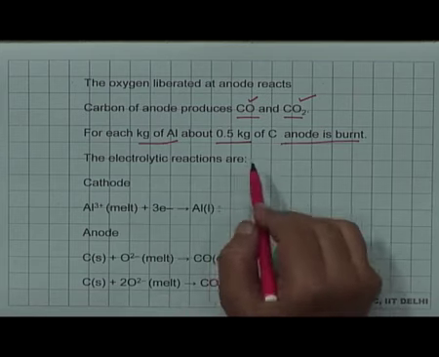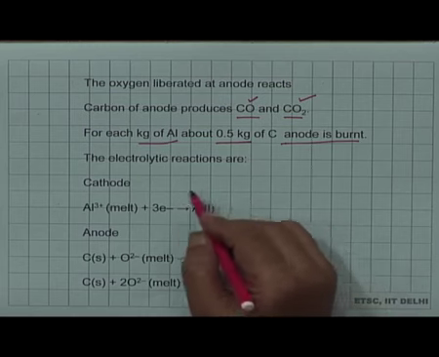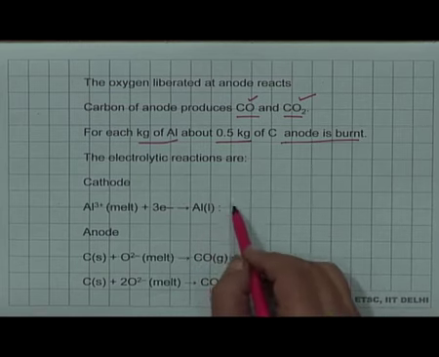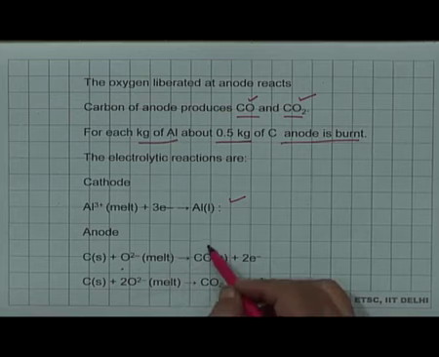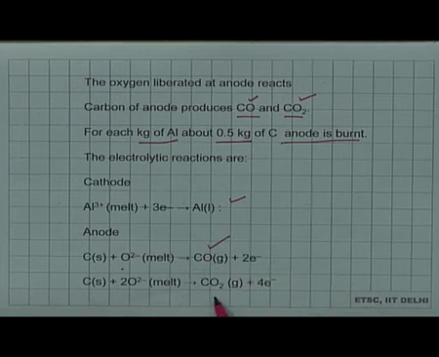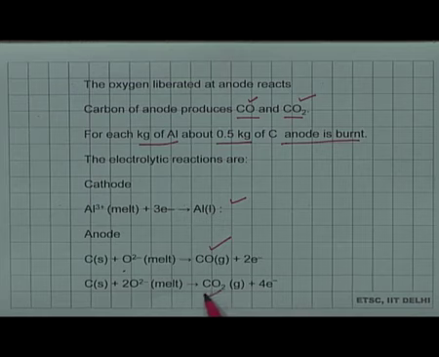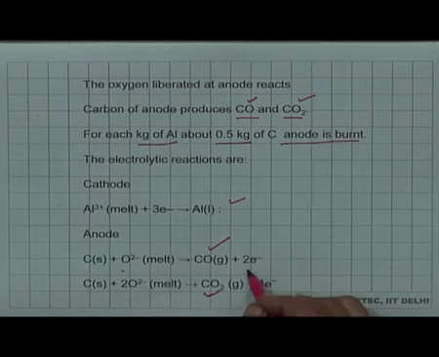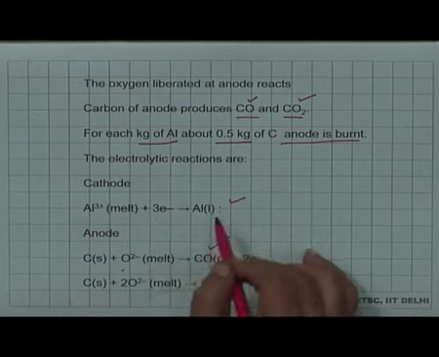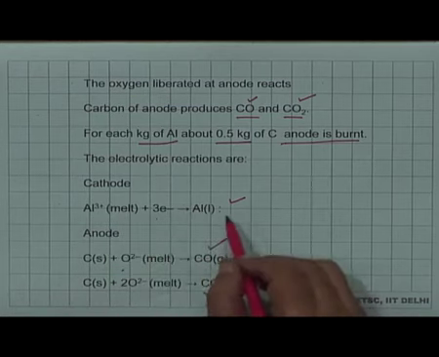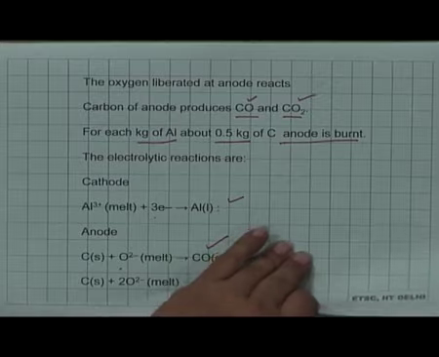The electrolytic reactions: at the cathode, aluminum is formed, and at the anode oxygen is formed, and the electrons which are liberated here are used there to reduce aluminum ions into aluminum metal.